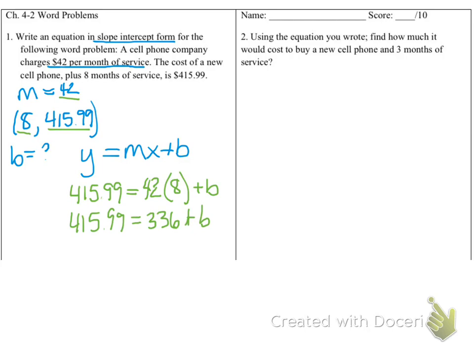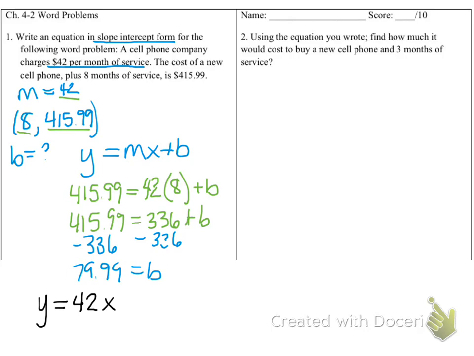And then subtract 336 from both sides, which gives us 79.99 equals B. So writing your final equation, Y equals M, which is 42, X plus 79.99.